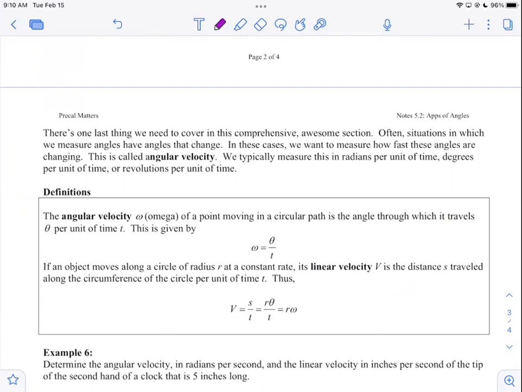But when something rotates, we can measure its angular velocity. And we measure that in units of rotation per units of time. So that would be like revolutions per minute, rotations per hour, degrees per second, radians per day, right? Any units of rotation, which would be degrees, radians, or rotations per time, okay?